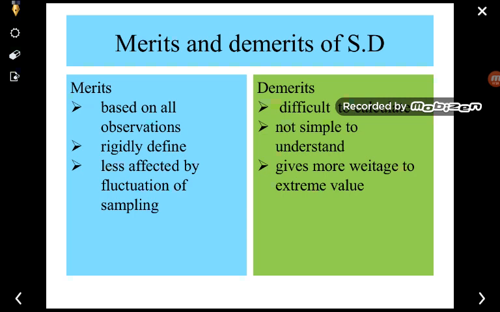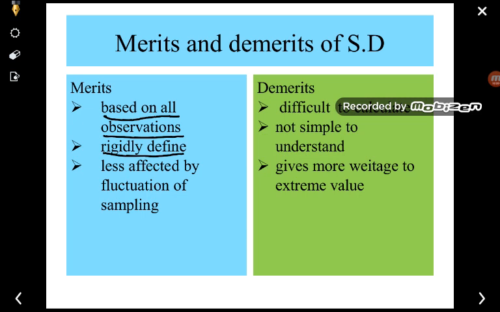So coming to the next slide, the last slide of the standard deviation, that is the merits and demerits of standard deviation. The standard deviation has certain merits as well as demerits. The merits are that it is based on all observations. Each and every observation is taken into consideration. It is rigidly defined.